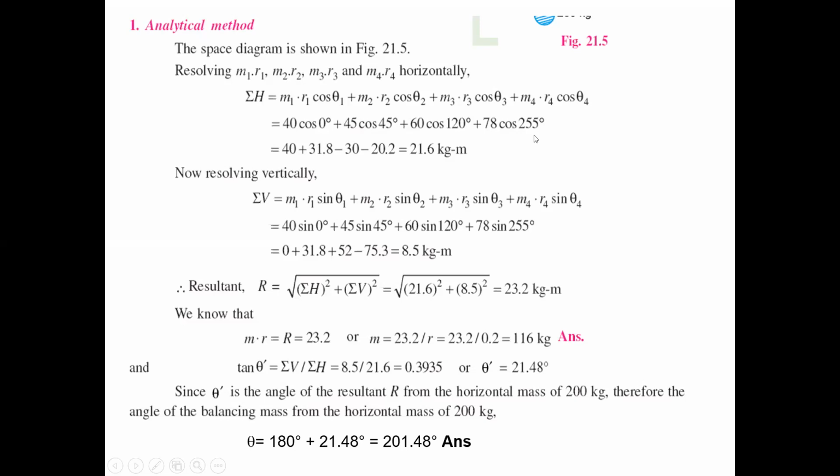So simply substitute those values in our formula for horizontal forces, and we get the sum of horizontal forces equal to 21.6 kg meter.